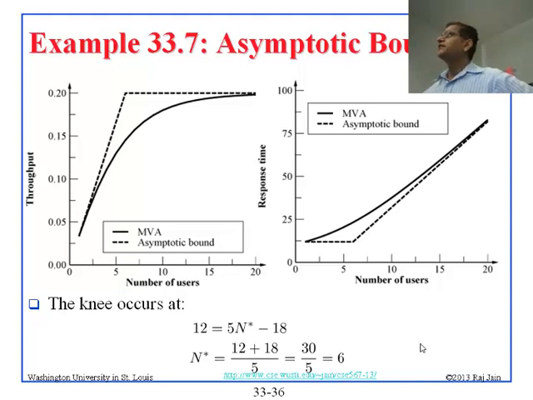Otherwise, they will say this is trivial, right? If you want to make it complex, then here's the formula. So we'll teach you MVA, which is the exact solution. And the knee is at N* = (12 + 18)/5 = 6. So at 6 users, this knee happens.